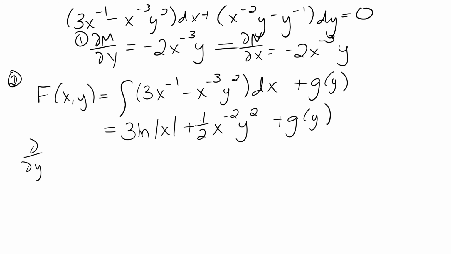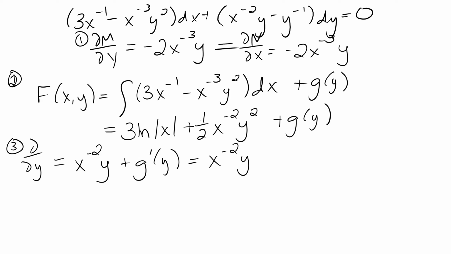Taking the partial with respect to y, I get x to the negative 2 y plus g prime of y equals N, which is x to the negative 2 y minus y to the negative 1. So g prime of y is negative y to the negative 1.